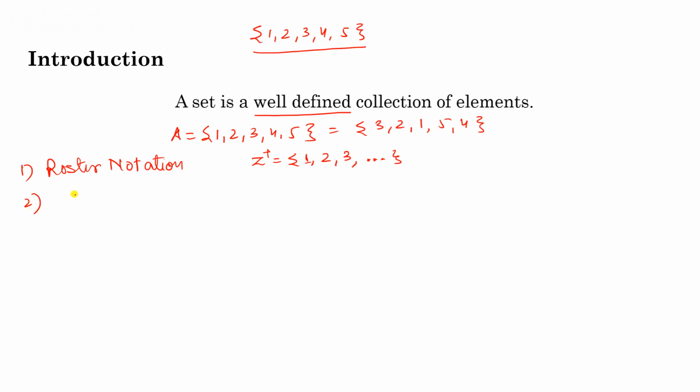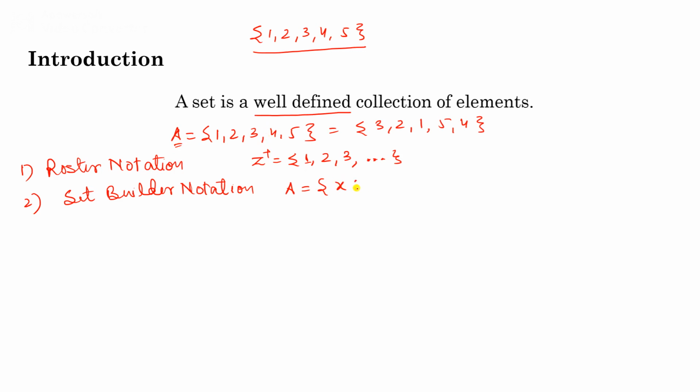The second way is set builder notation. In set builder notation, we use a variable to represent the elements of a set, and we define the property or the common properties of the elements, or simply the definition of X. For example, look at this A. We can define it as A equals, X is the variable for these elements.